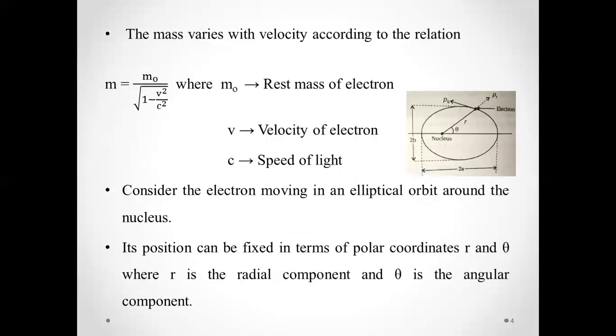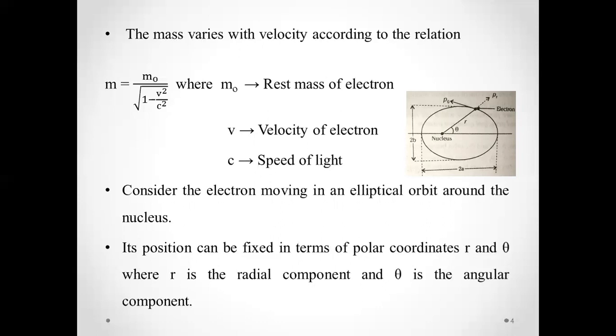The mass of the electron varies with velocity according to the relation m equals m0 divided by root of 1 minus v square by c square, where m0 is the rest mass of the electron, v is the actual velocity of the electron in that orbit, and c is the speed of light.